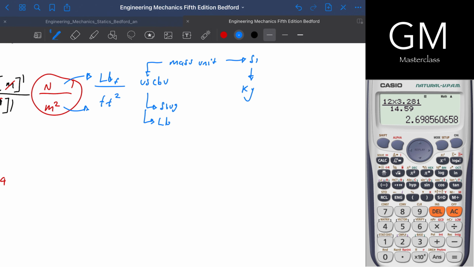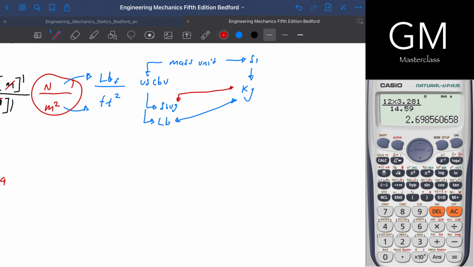Alright, it is pretty normal for us to change units between these two. It's not that normal to change these kinds of units. Why is that? Because a slug is not that very common, but a pound is.